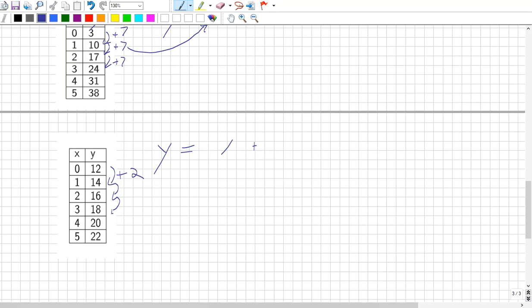So I get y equals 2x plus, and the constant value on the end, remember, is the value when x equals 0. When x equals 0, we have 12. This value of 12 is positive because the value of 12 in the table of values is positive. The value in front of the x is positive because it's going up each time.